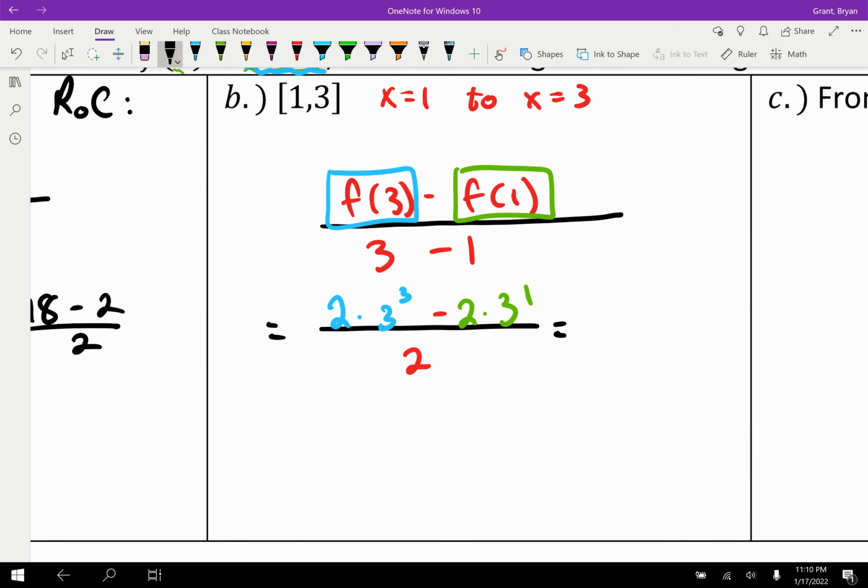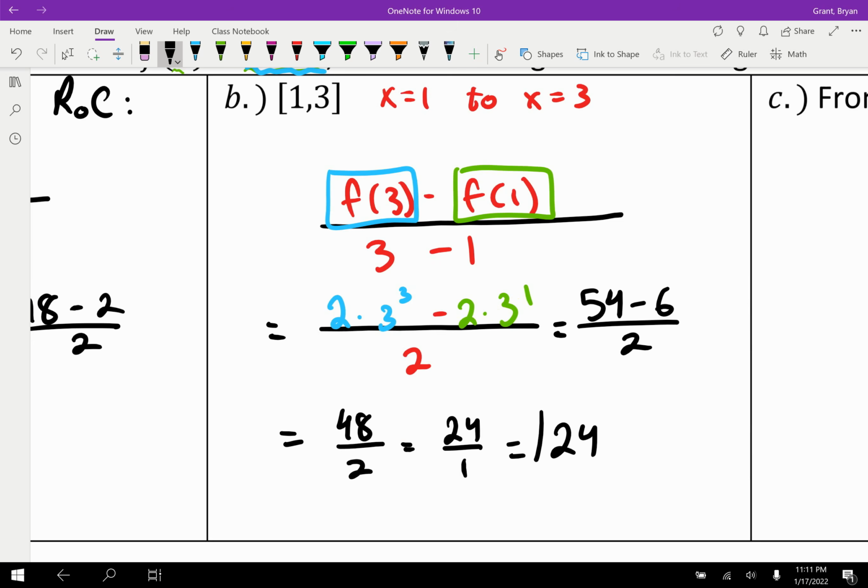Working to the right, 3 to the third is 27, I think, and 27 times 2 is probably 54. 3 to the first is 3 times 2 is 6, divided by 2. 54 minus 6 is 48, divided by 2. And half of 48 is 24 over 1, or just 24.